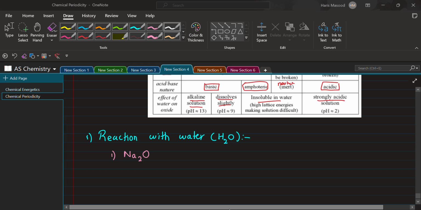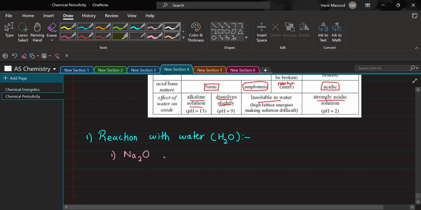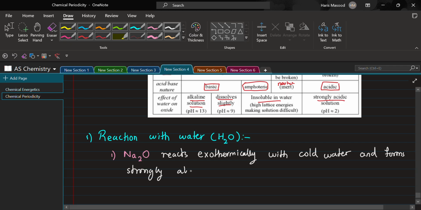Okay, it reacts with cold water vigorously, or you can say violently or rapidly, and a strongly alkaline solution of NaOH is formed. Strongly alkaline solution.